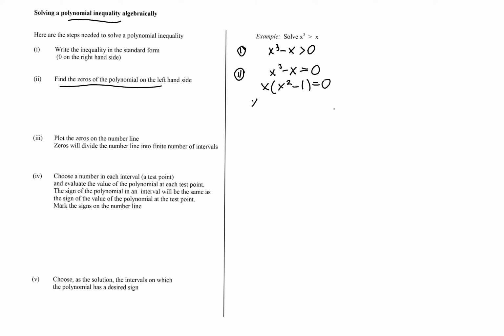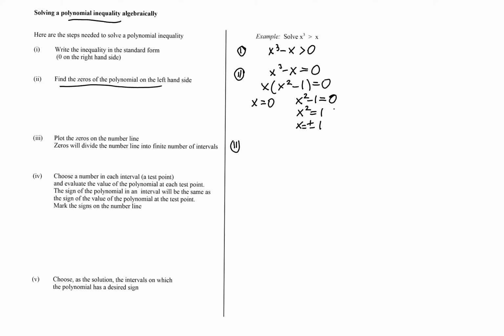Using the zero product property, we get x equals 0 from the first factor, or x squared minus 1 equals 0 from the second factor, which can be solved by adding 1 to both sides and taking the square root. Therefore we get x equals plus or minus the square root of 1, or 1. So the zeros are 0, 1 and negative 1.